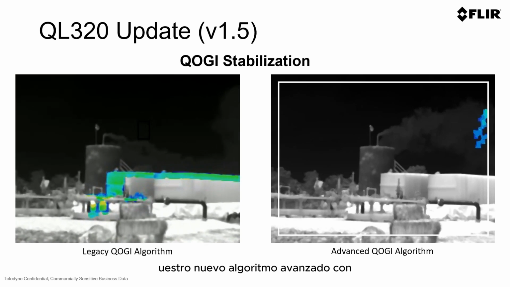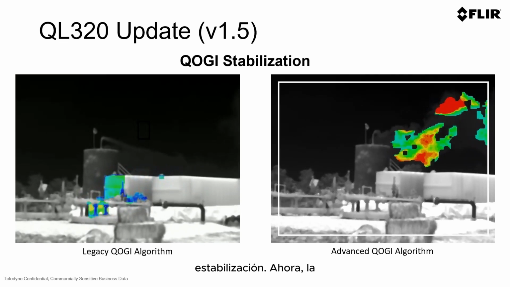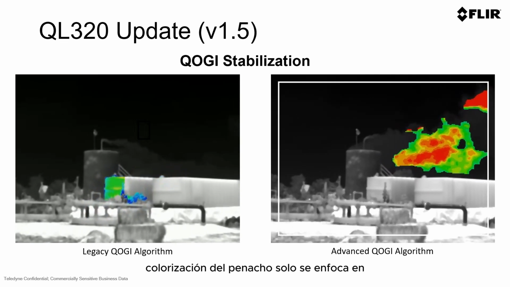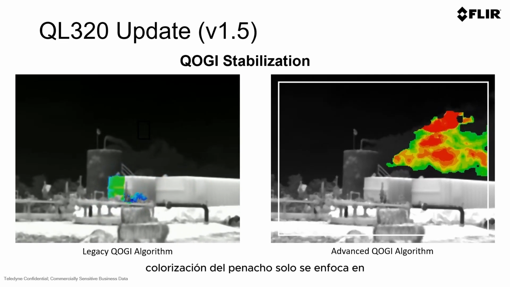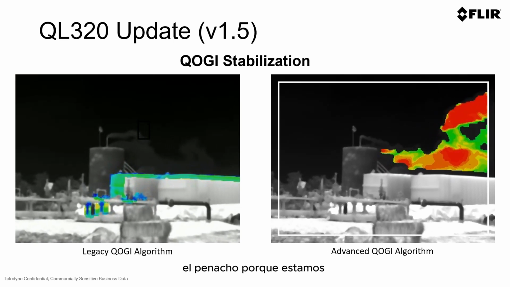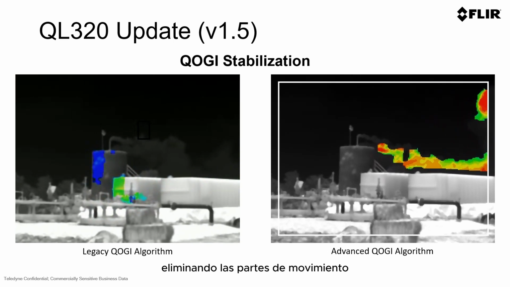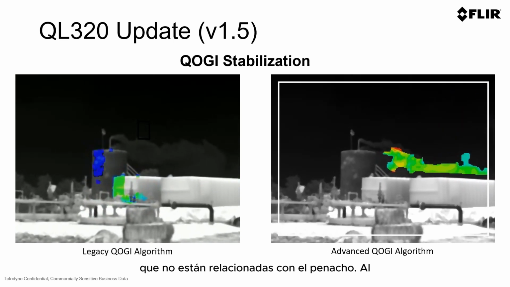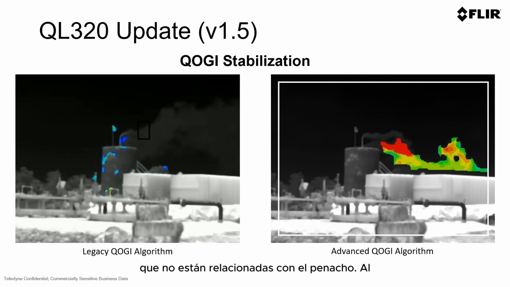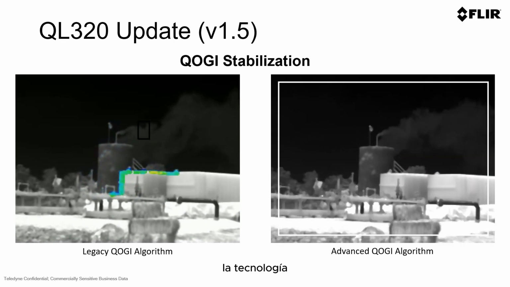Compare that to our new advanced algorithm with stabilization. Now the plume colorization only focuses on the plume because we are eliminating the pieces of movement that are not plume related as we add the stabilization feature into the technology.